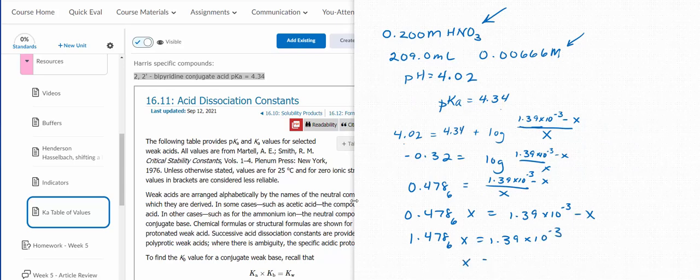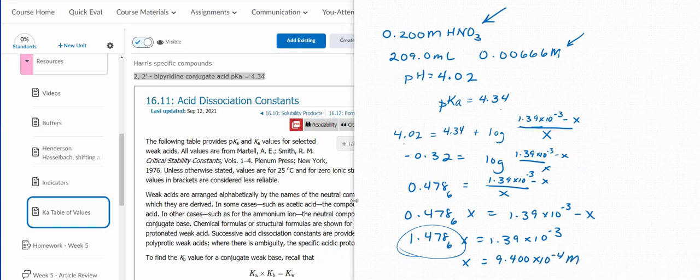Now I'm going to divide both sides by this number, and I get an X value of 9.400 times 10 to the negative fourth molar.